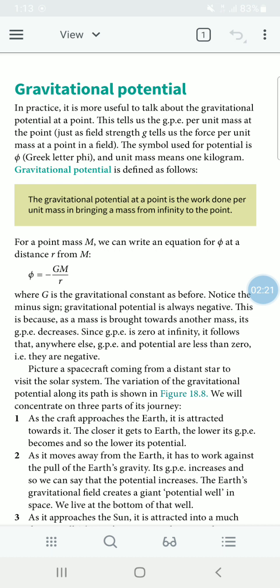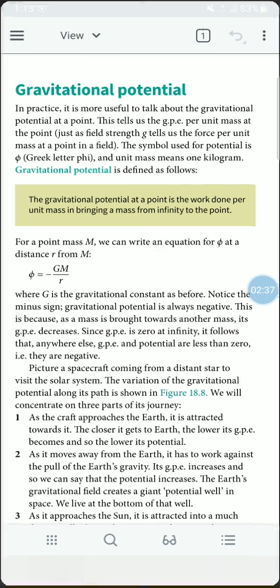Gravitational potential is always negative. This is because as a mass is brought towards another mass, its GPE decreases. We will draw it and see. This is the Earth, and this is an object, which has a certain GPE.